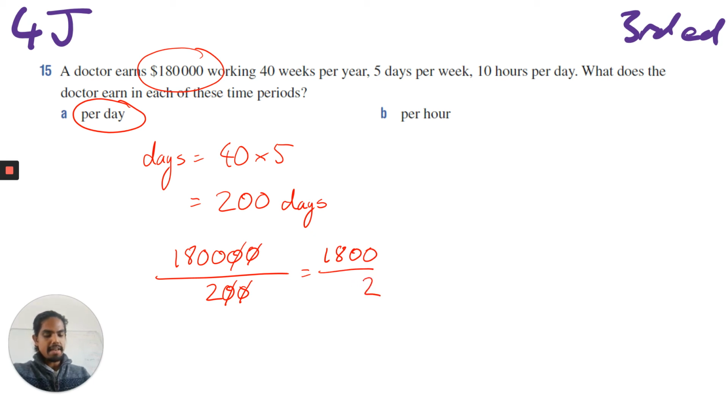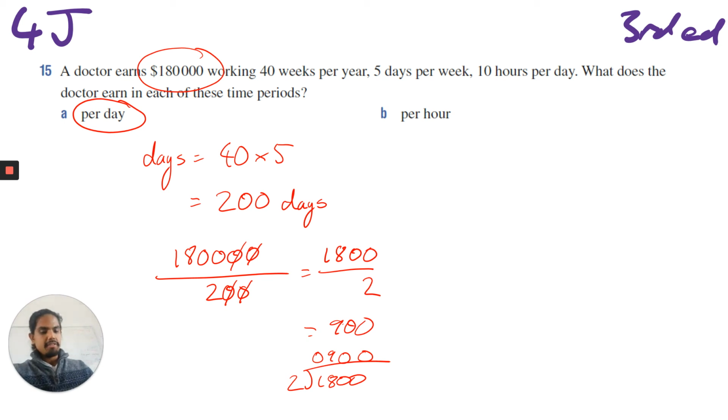All right, and halving, hopefully you can do in your head. That'll be 900. If you can't, it's 1,800 divided by 2. 2 goes into 1 0 times, 2 goes into 18 9 times, and then we add the zeros on the end.